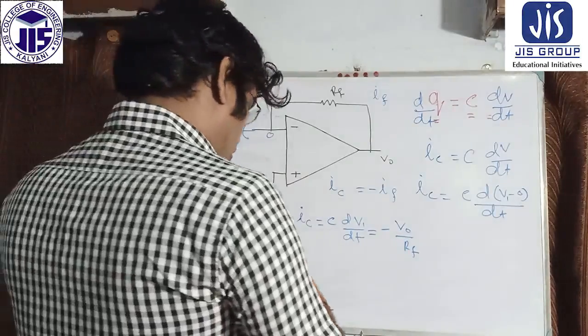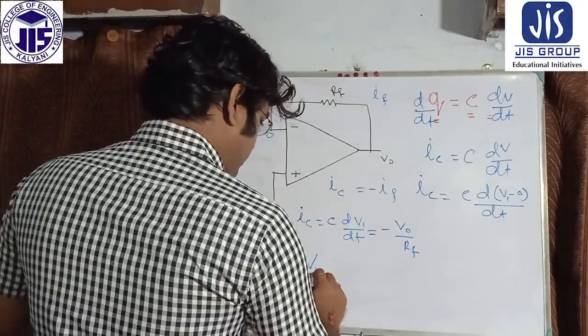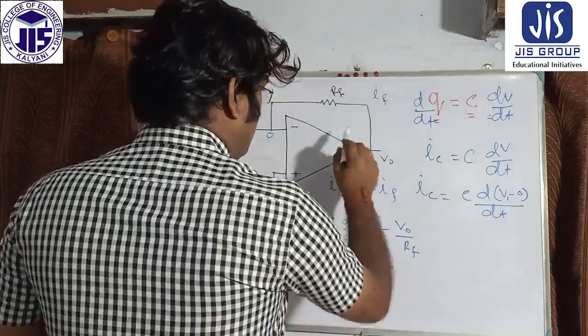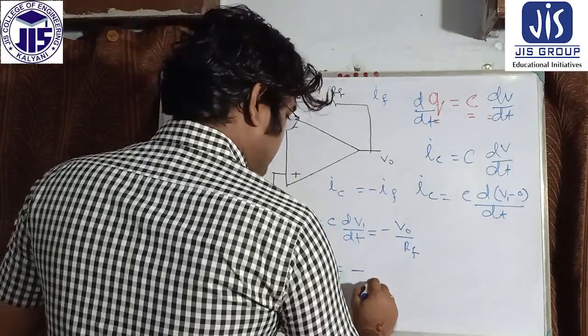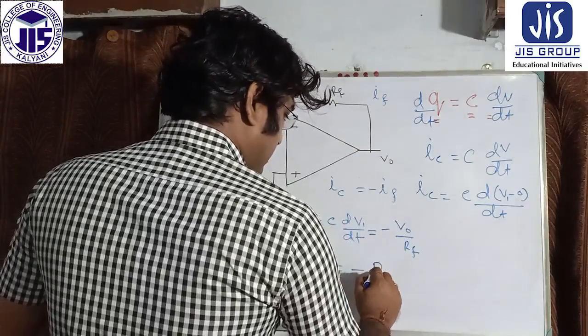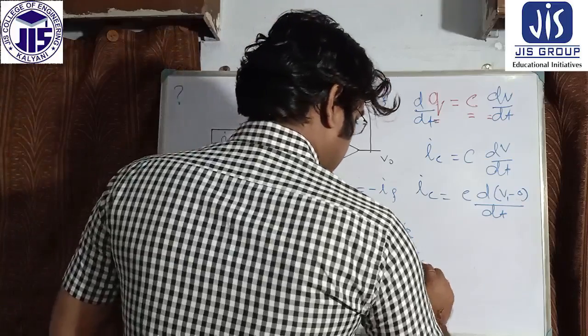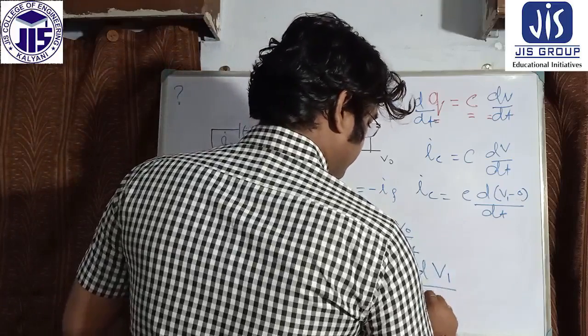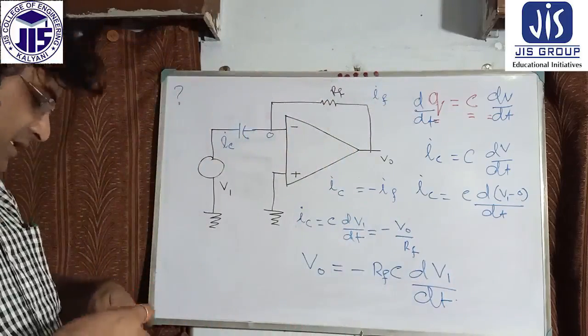Here Vo equals the output voltage. So Vo equals minus RF C dV1/dt. We can represent it like that.